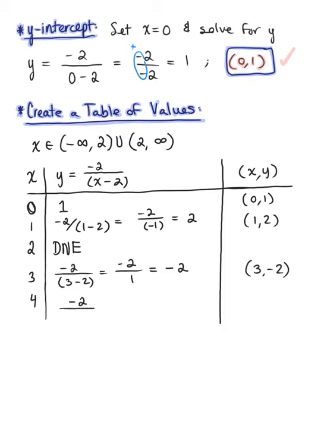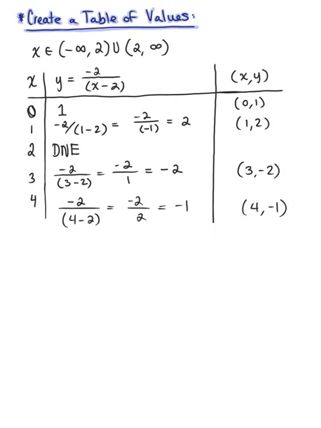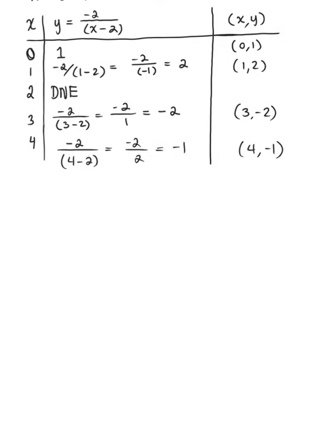This will be -2 divided by 4 minus 2. So we have -2 all over 2, which simplifies to -1. So we have the solution point, or ordered pair, (4, -1). So we have everything that we need now to sketch a really beautiful graph of this rational function.